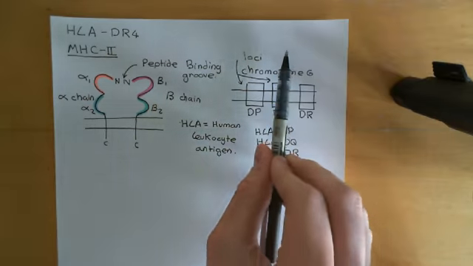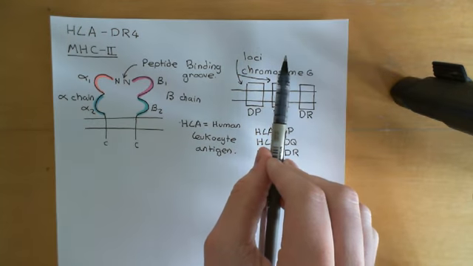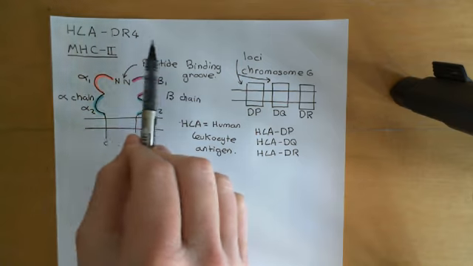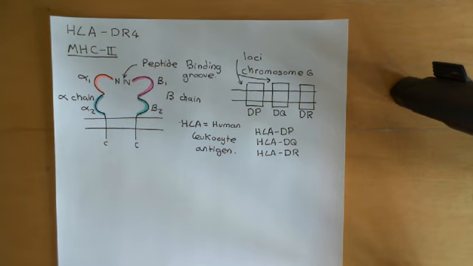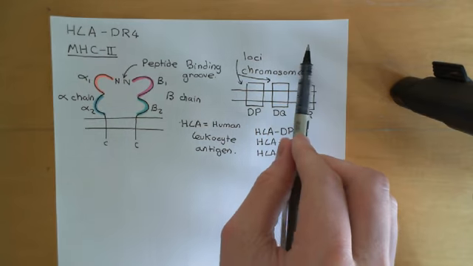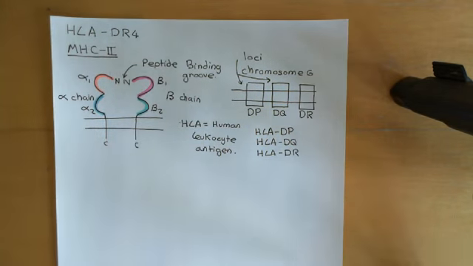Similarly, if you use the alpha and beta chain genes from the HLA-DQ locus, then the MHC class 2 molecule that you end up with will be an HLA-DQ molecule. Okay, and if you use the genes from the HLA-DR locus for your alpha chains and your beta chains, then you will have an HLA-DR MHC class 2 molecule.